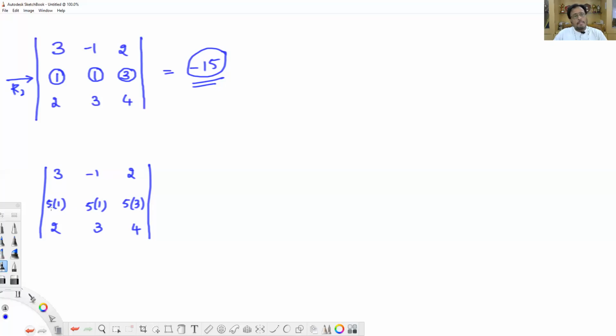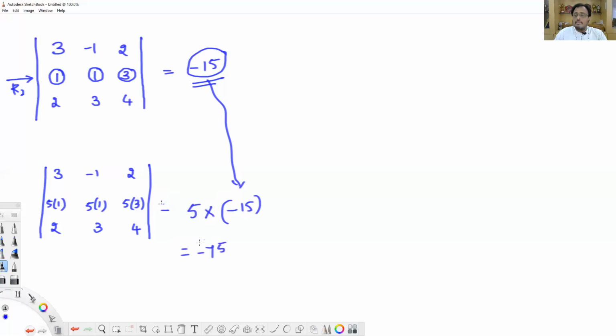If you multiply every element of any row by some constant number, then the determinant, which is minus 15, has to be multiplied by that constant number. So the final answer will be minus 75.